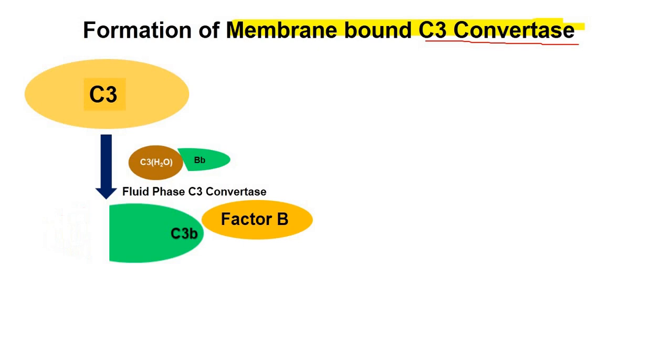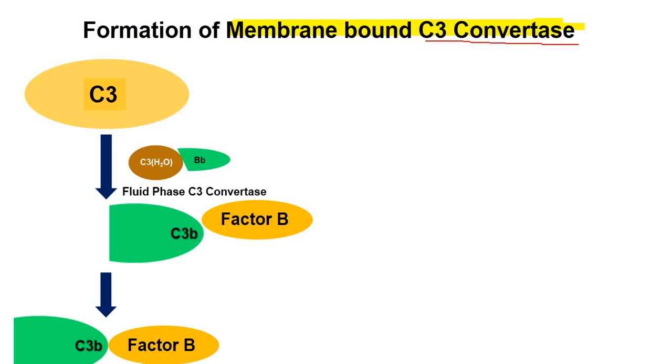Once factor B binds to C3b, factor D will get a chance. Factor B and C3b together form a complex, called the C3b factor B complex.